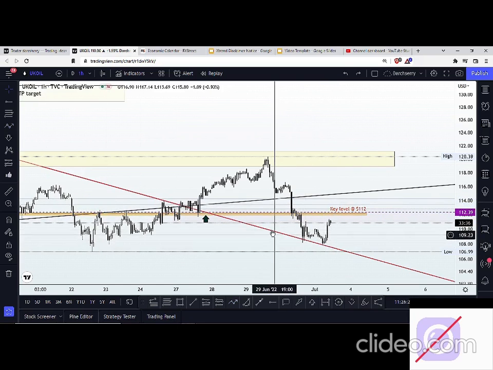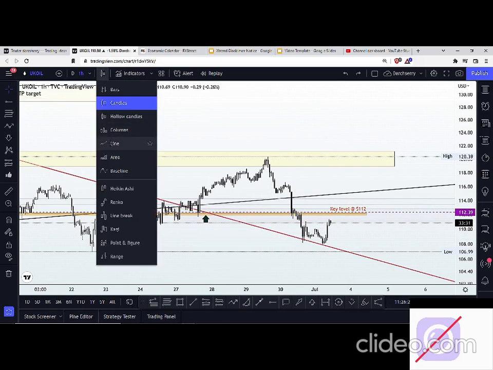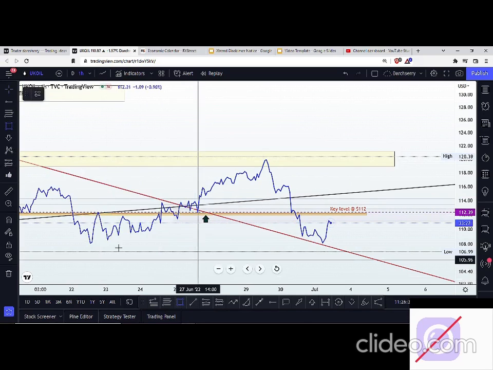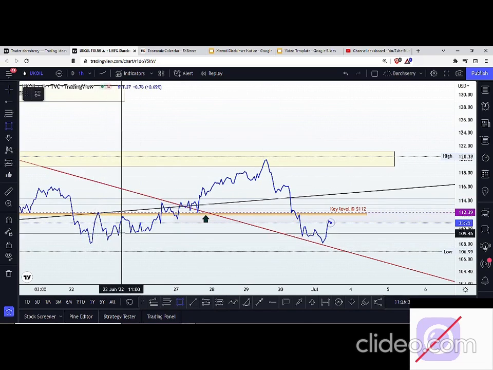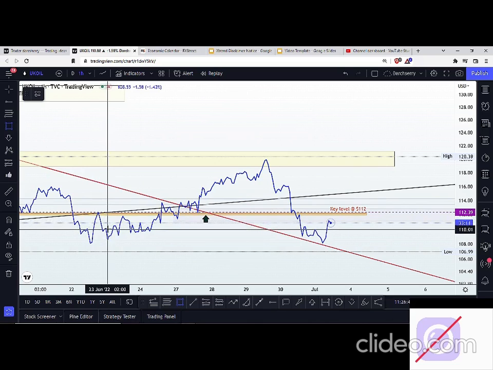So what we are going to be doing here is to identify a key level which will also serve as our neckline. So moving on to the line chart so that we can have a clear context, we're going to be having our key level sitting right around $110 based on the current structure. So hold on a second, let me see what that is.